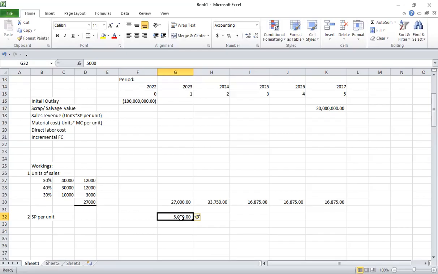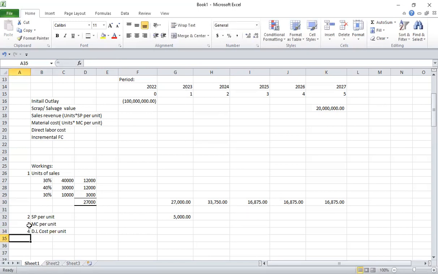So what we'll first do, let's have all of them, so that number 3, we'll say that we have the material cost per unit also. And then number 4, we have direct labor cost per unit also.